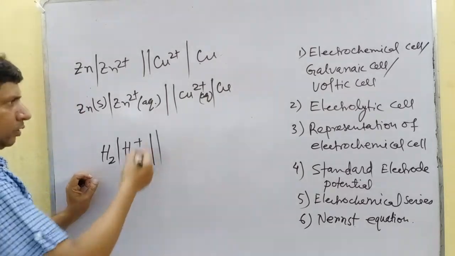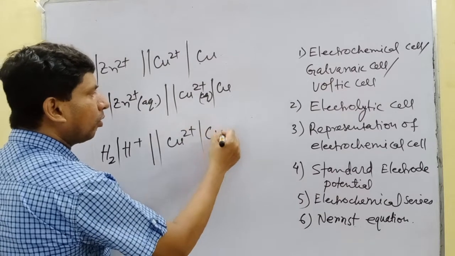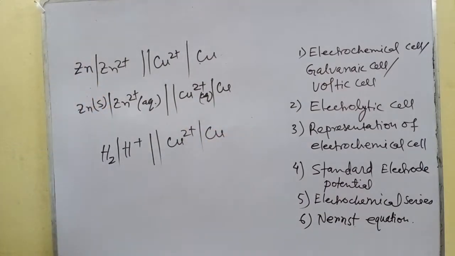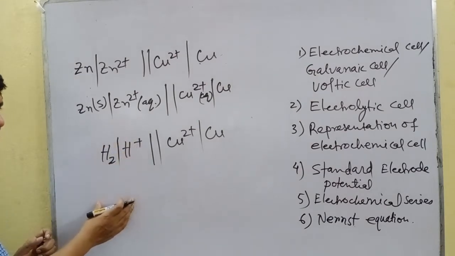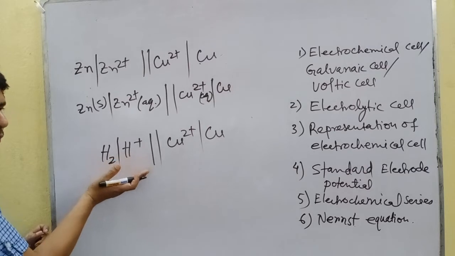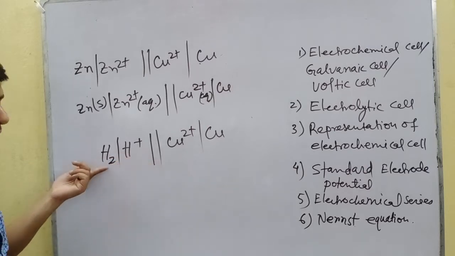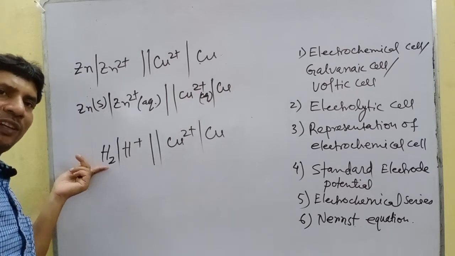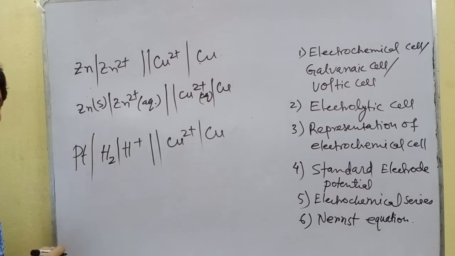Then let us consider if it is copper 2 plus, single bar copper, but we are unable to write in this way because since there is no rod of anode, this is the anode reaction, there is no rod of hydrogen because hydrogen is gaseous. For this reason we will use platinum, okay.